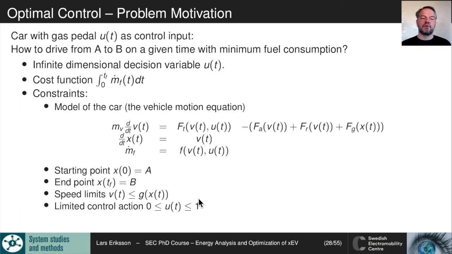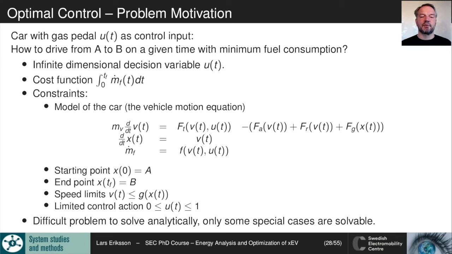And then our control signals that we can utilize are also bounded, so we cannot have infinitely much torque out of the engine if that is our control signal. And this is a difficult problem to solve analytically, and only some special cases can be solved analytically. To solve most of the practical problems we are interested in, we have to go to numerical optimal control.